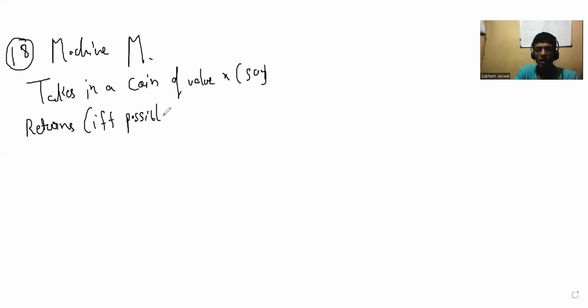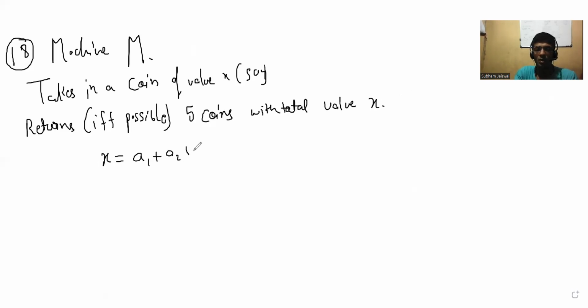You see it may not be possible to break a coin into 5 coins in that currency which add up to it, right? So what I'm saying is just that X becomes A1 plus A2 plus A3 plus A4 plus A5, if it is possible.